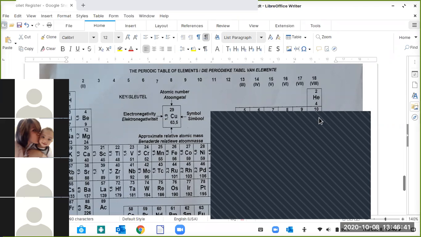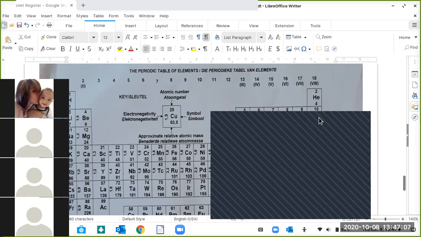And neon is having how many shells? 2. So it means then that since it has got 2 shells, the innermost has got 2, and the outermost one will have what? Maximum of 8. That's how we come up with the maximum number of electrons in each shell.